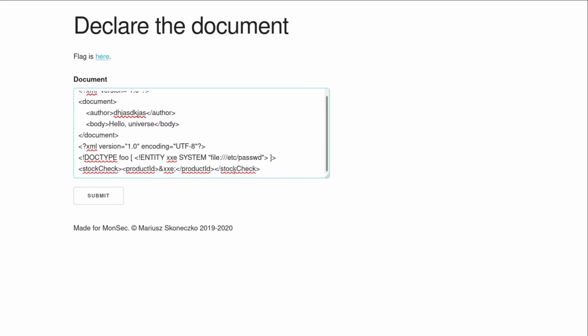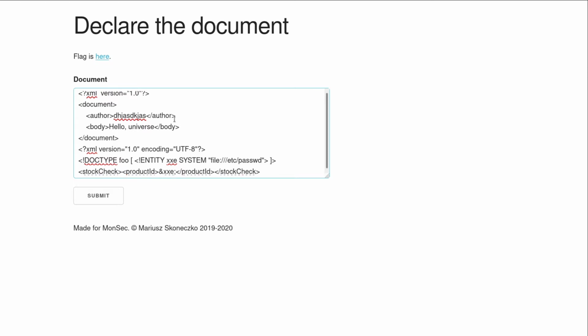Now, if you just use this as is, it's not going to be very useful because it's not in the format that vweeb expects. Because see, we have the document tag and then the author tag inside that and body tag inside document. Well, here we have stock check and product ID.